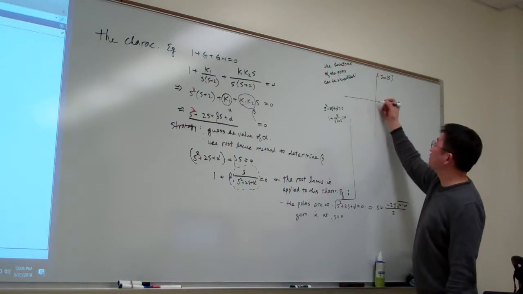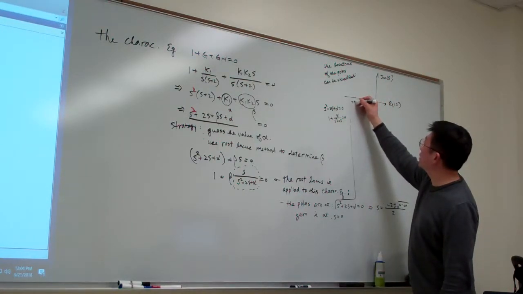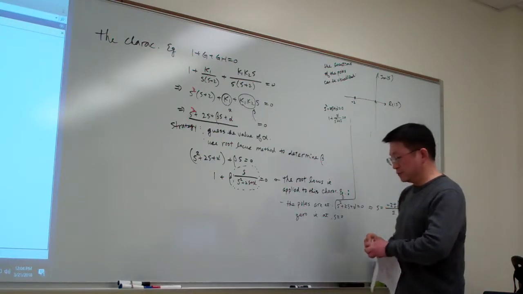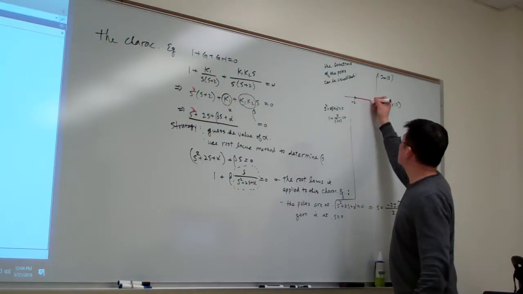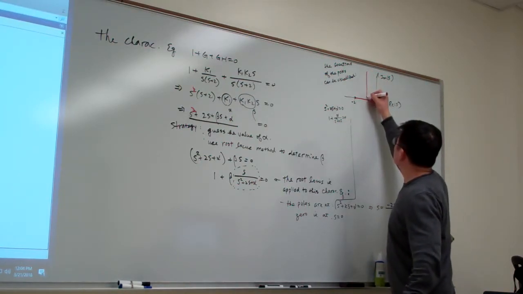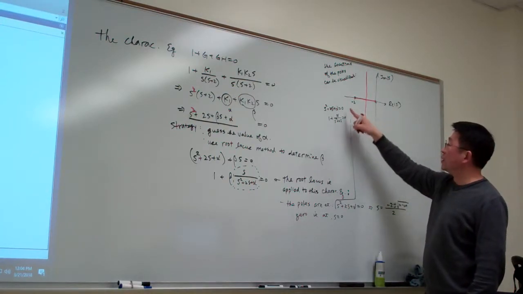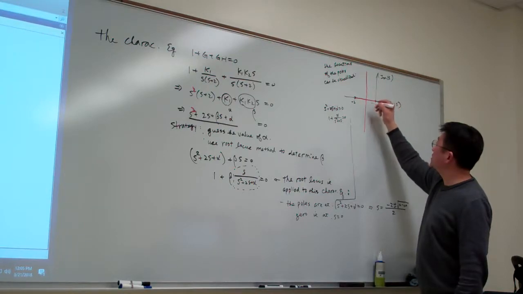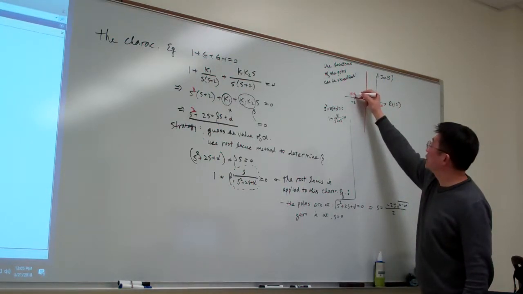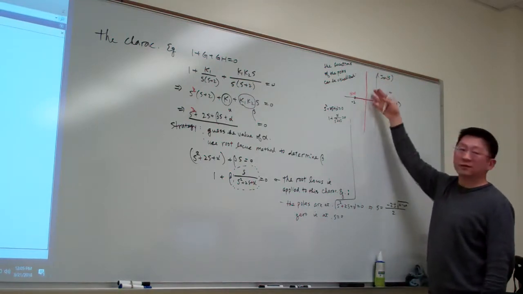For this case, let me quickly draw it. And here, 1 and minus 2. What I draw is the possible locations of the poles. For example, alpha equal to 0 is here, and for any alpha greater than 0, it can be anywhere here.